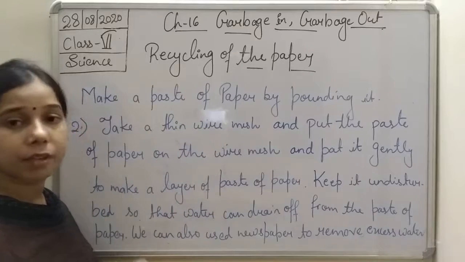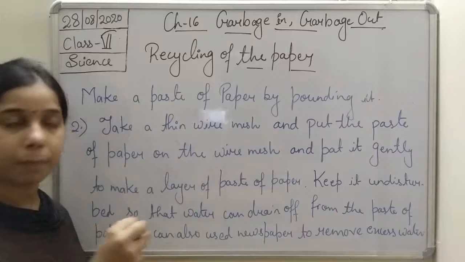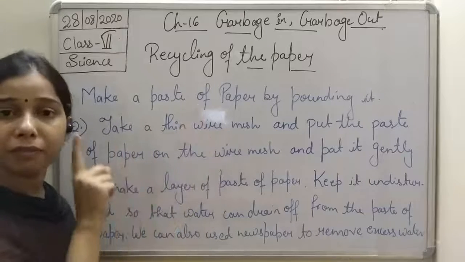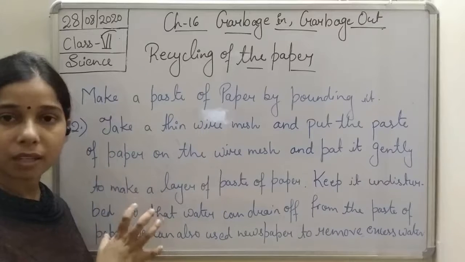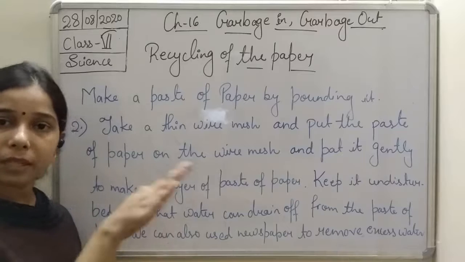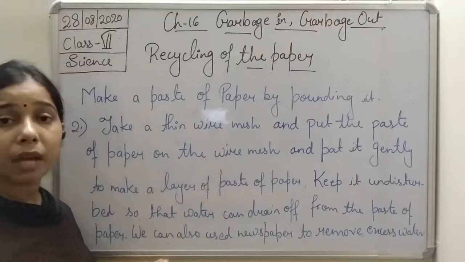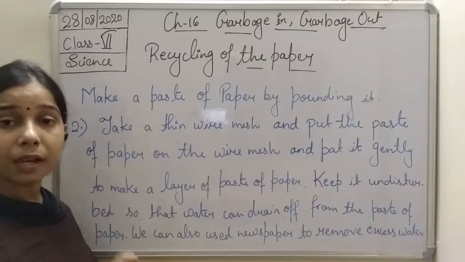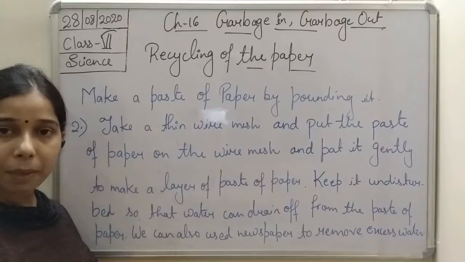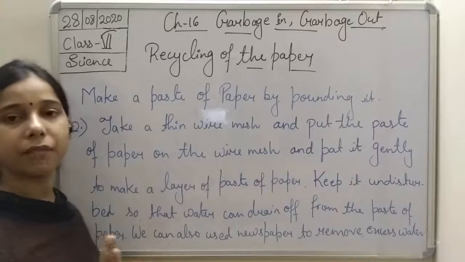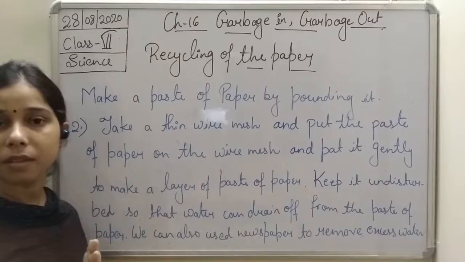In that thin wire mesh we will put the paste of paper which we already made in the first step by pounding it. That paste of the paper we will keep on the wire mesh. Then we will pat it gently so that we can give a shape to it. We can make the layer of the paste of paper, and then we will keep it left undisturbed for some time.